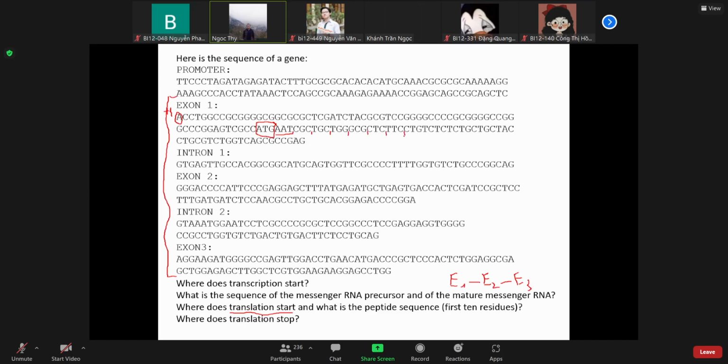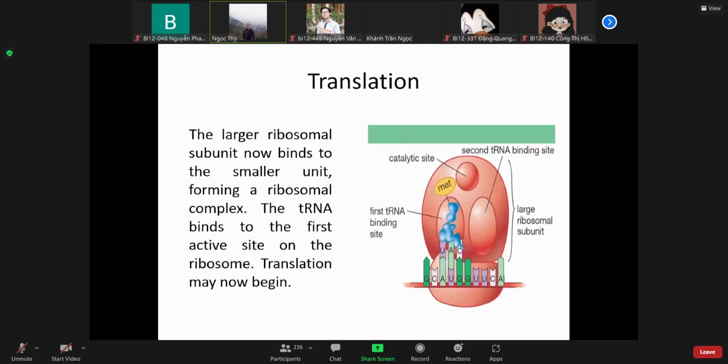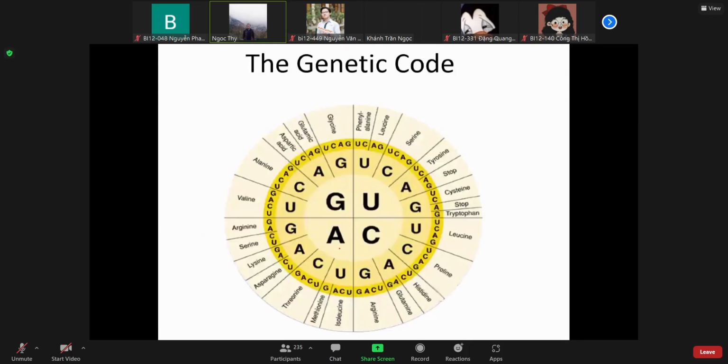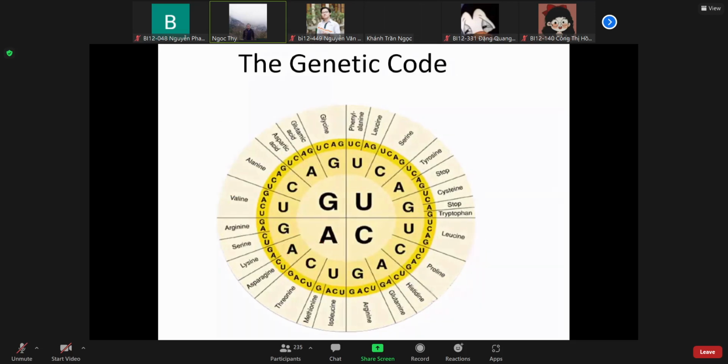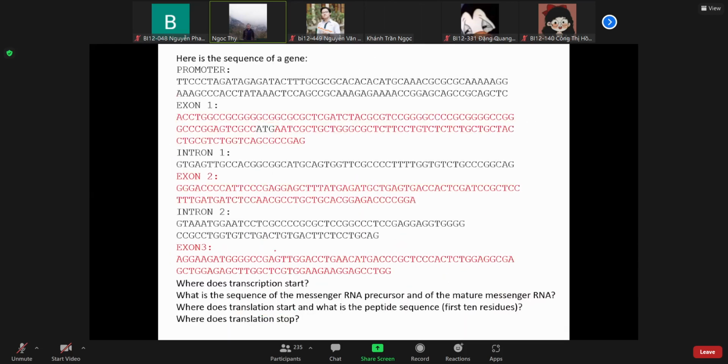So for example, AAT, where T is replaced by U, so it's asparagine, ASN, and so on. So on like this, you have 10 residues from it. And where does the translation stop?